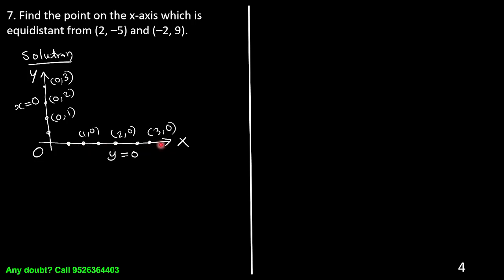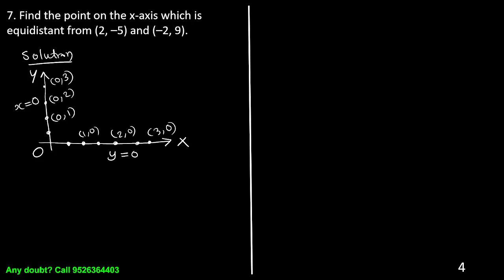If you take any point on x-axis, the y value will be 0. And if you take any point on y-axis, x value will be 0. You must memorize this.